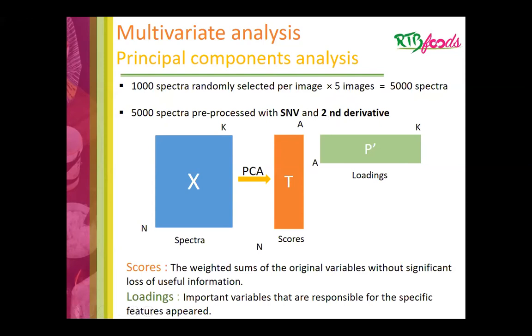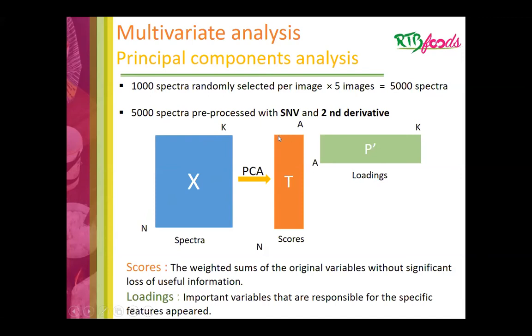PCA will reduce the original dimensions, which are variables or wavelengths, and will find a few new variables named principal components. And these principal components are orthogonal between them.